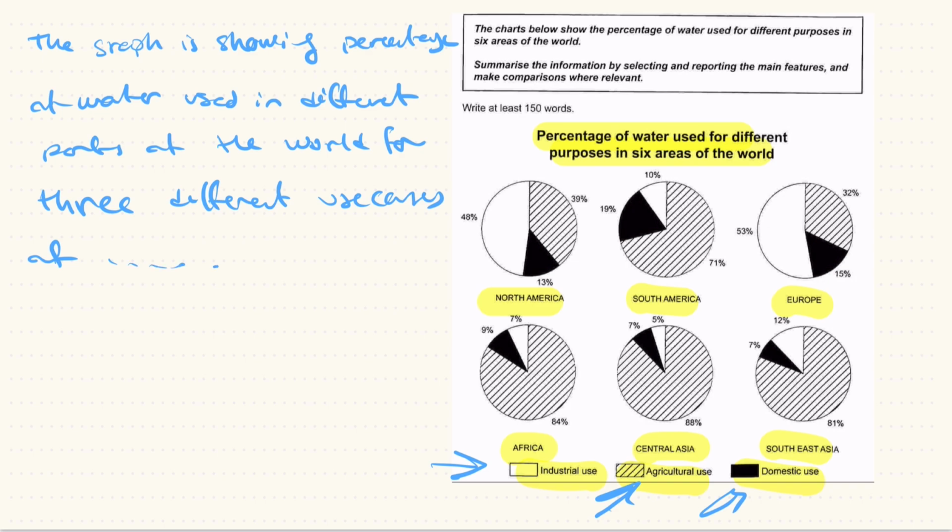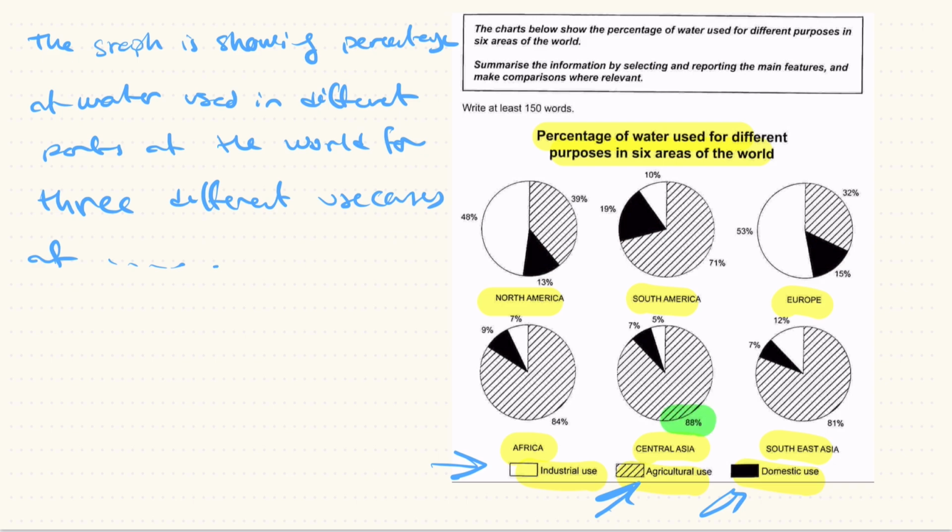And now let's see what we can write about. If we want to write everything about these 6 pie charts, it's going to be 200 pages. We don't want to go into all the details, but when the case is like this, we can maybe talk about the maximums and minimums. So, for example, roughly looking at it, the agricultural use in Central Asia was, let me change the color of the highlighter.